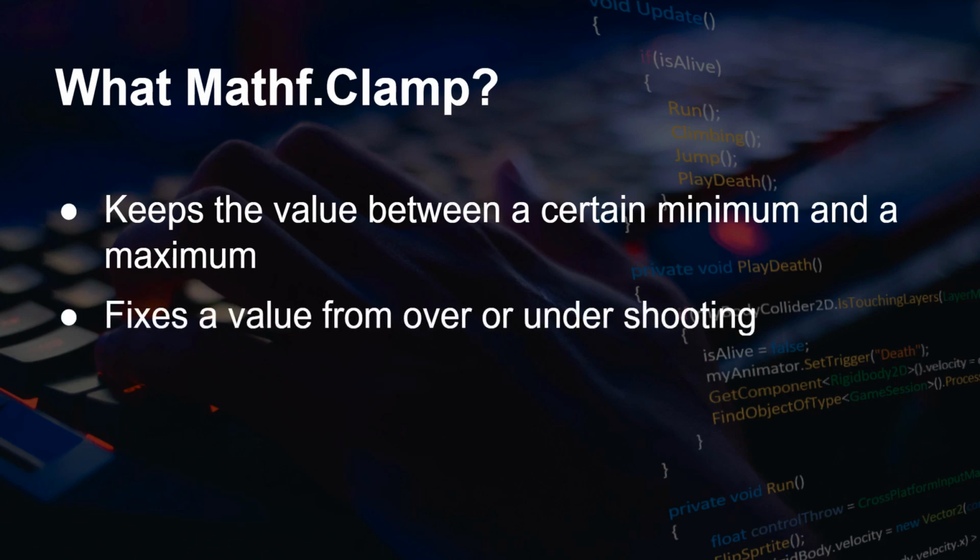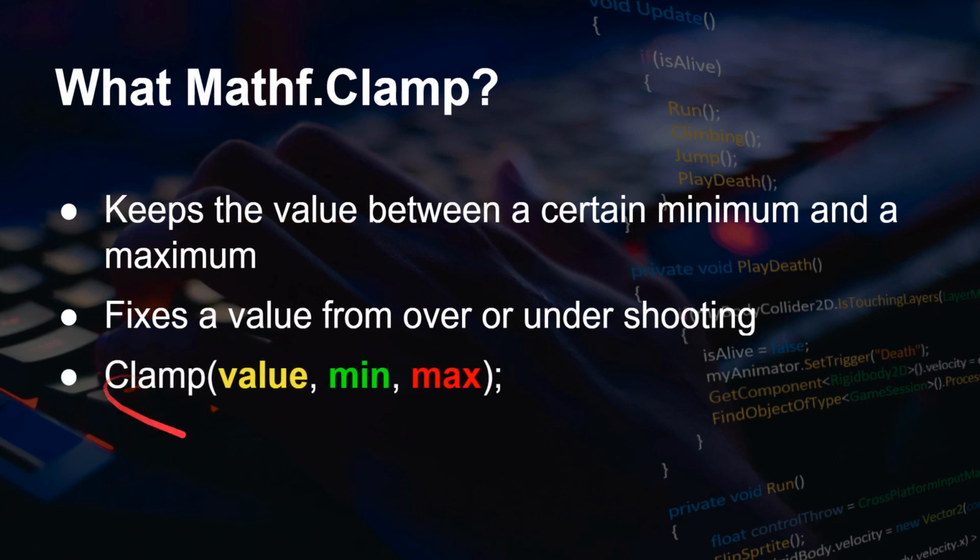So it fixes a value from overshooting or undershooting. We determine which value we want to change, then we determine the minimum and the maximum, and that way this value will not overshoot or undershoot the maximum and minimum. This is the way we write it.